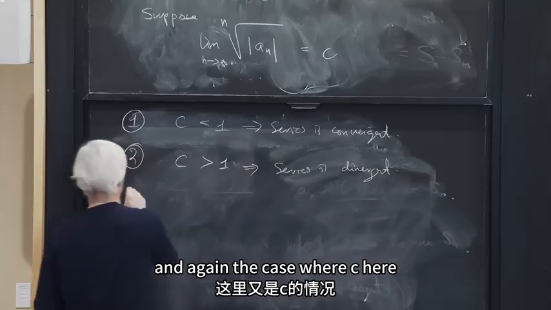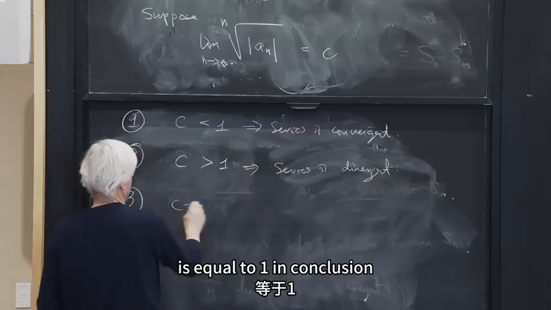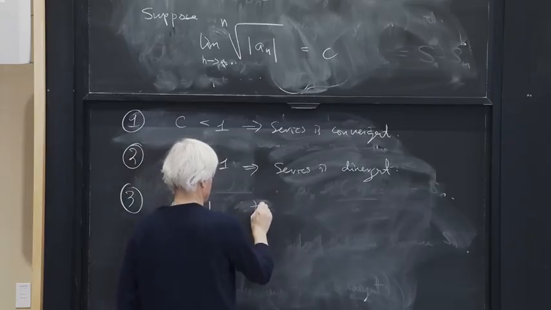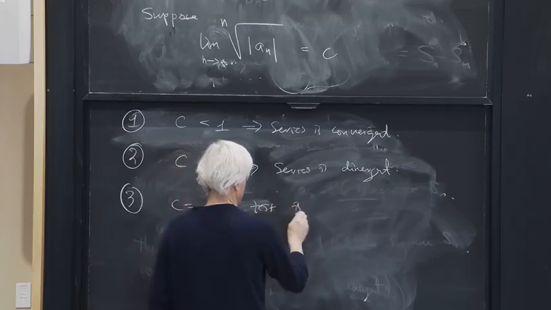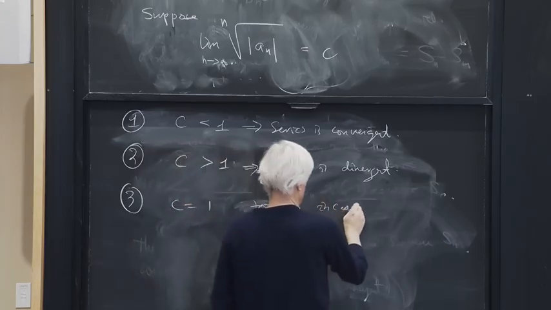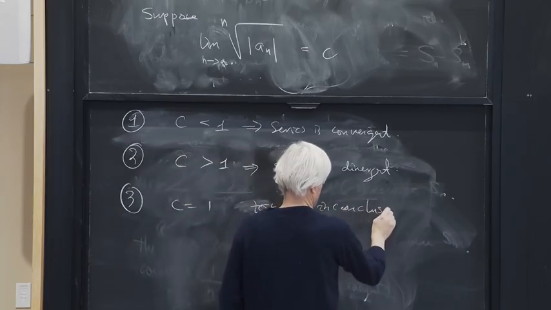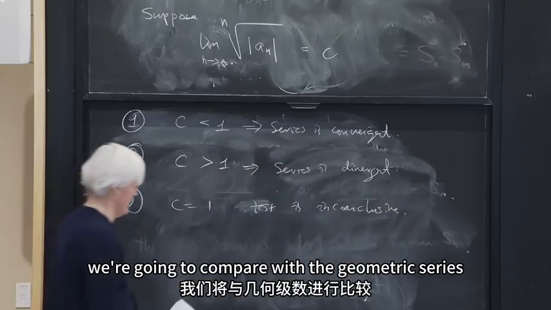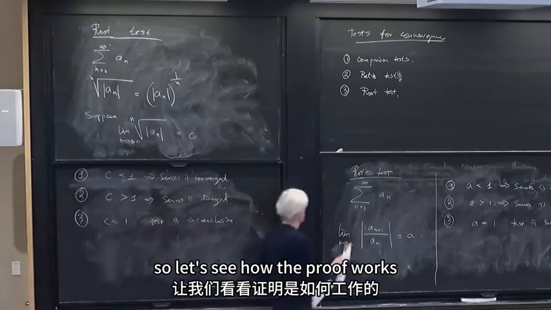And again, the case where C is equal to 1, the test is inconclusive. And again, we're going to compare with the geometric series. So let's see how the proof works.